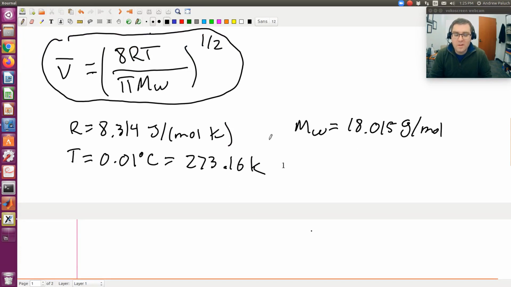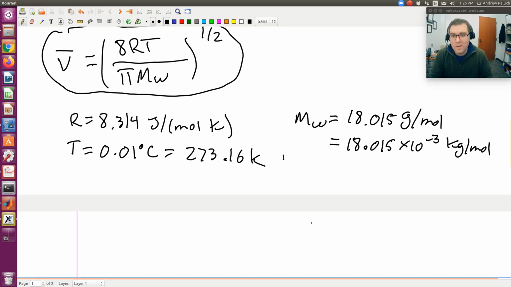If I'm going to stick with everything in SI units, I know I have joules per mole Kelvin, and SI units are advantageous because then I know my velocity will be in meters per second. So if I wanted this in kilograms per mole, I just divide by 1,000. I'm going to write it as 18.015 times 10 to the negative 3, equivalent to dividing by 1,000, kilograms per mole. That way I have it in SI units.